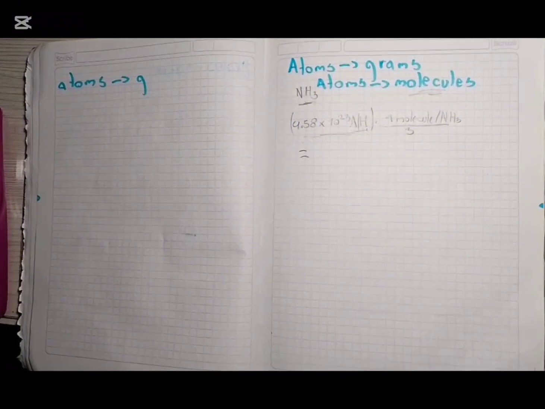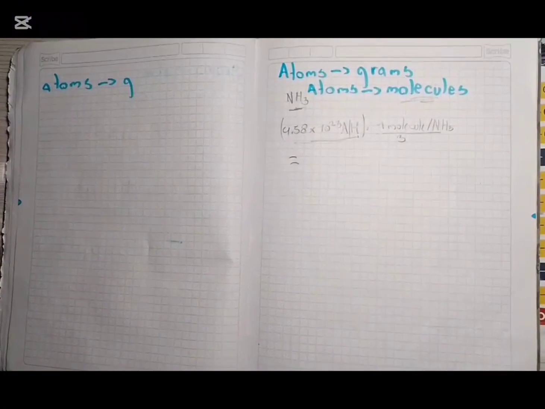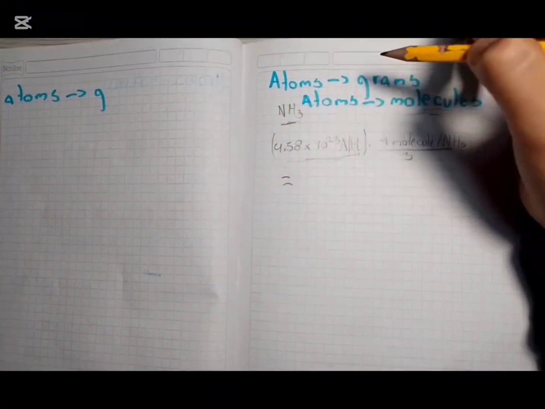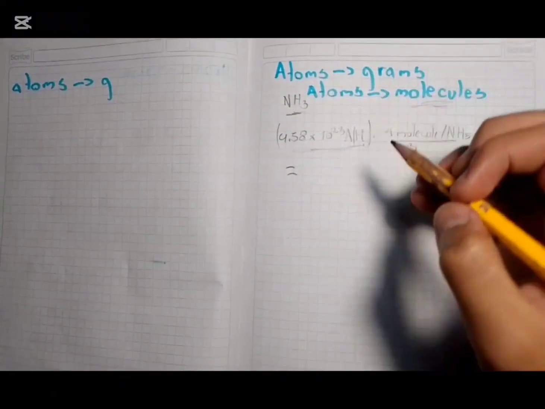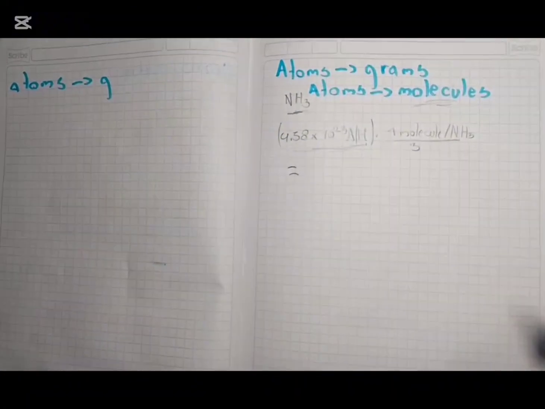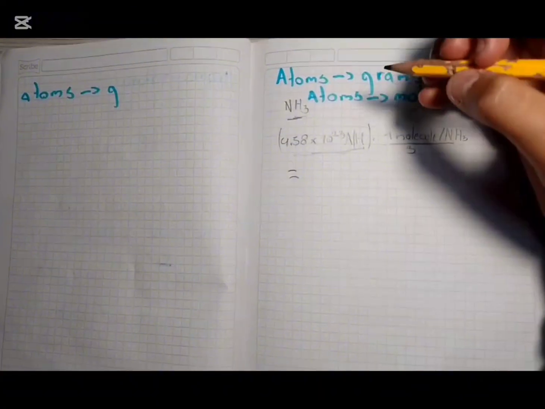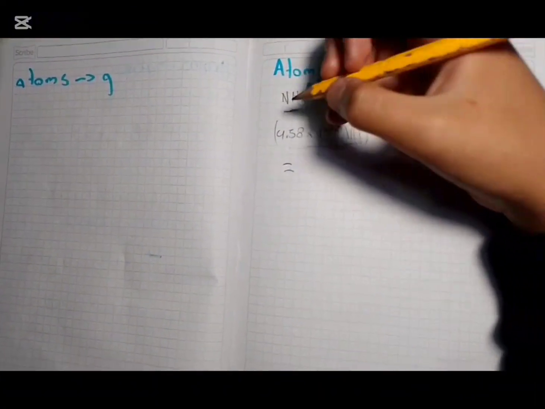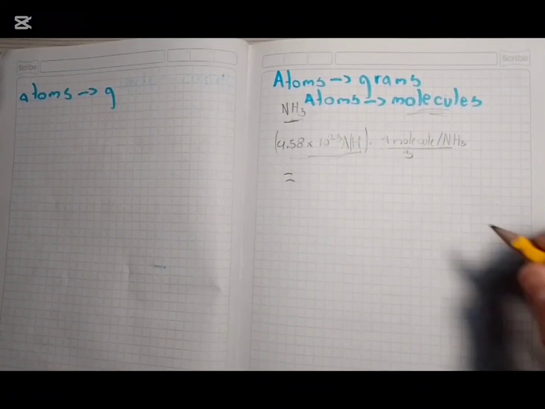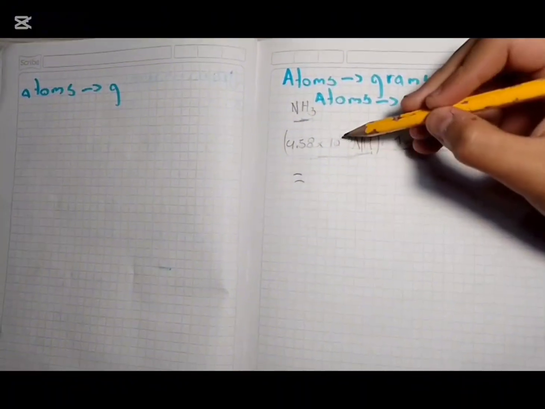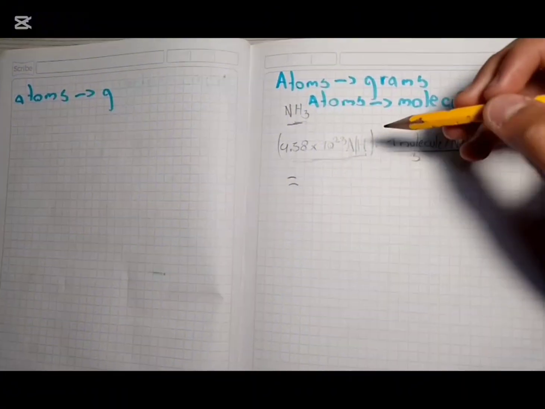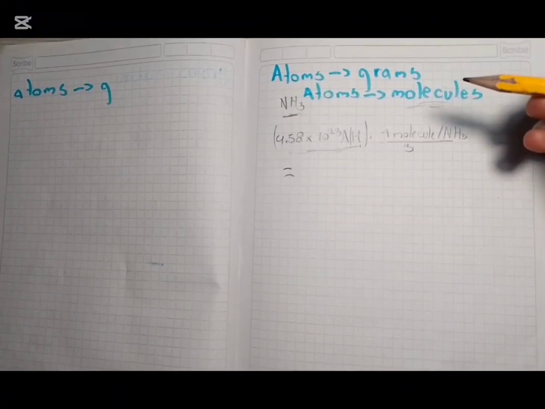In the other exercise, I passed grams to atoms, but in this one, I am going to pass atoms to grams. The formula that I use is NH3, and I have 4.58 multiplied by 10 to the 23 atoms of hydrogen, okay?